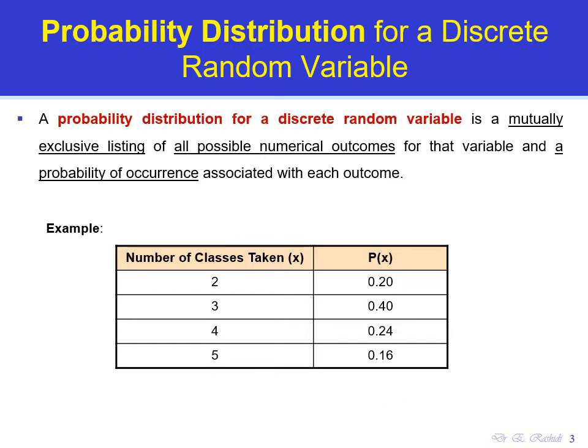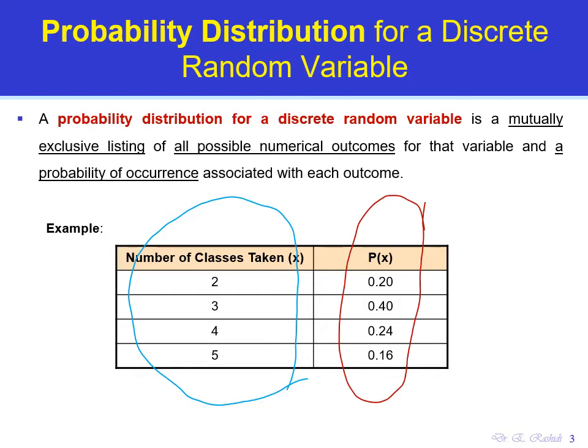So for a specific problem that deals with a discrete random variable, a probability distribution is just a listing of the possible outcomes of that random variable, along with their corresponding probabilities. For each outcome, we have its corresponding probability, as you see here.